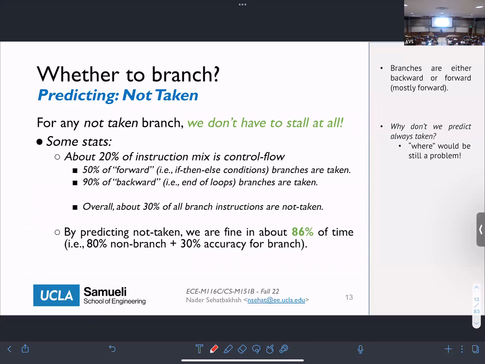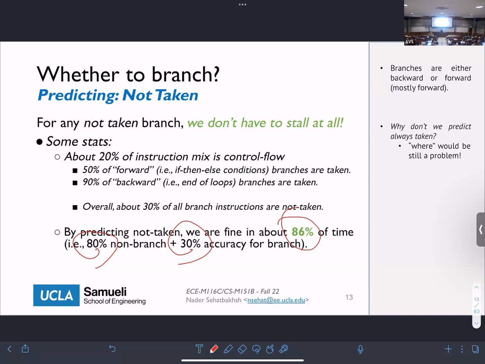I also gave you some stats of how accurate it is. We saw that 80% of the time there is no branch at all, so we are good to go. For that 20%, we are 30% accurate. So somewhere around 86% of the time, for all the instructions, we are good with our not taken branches.